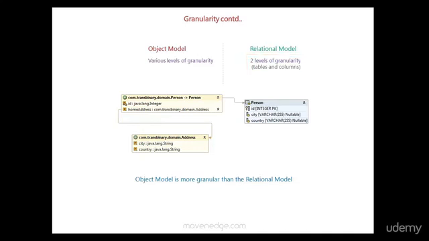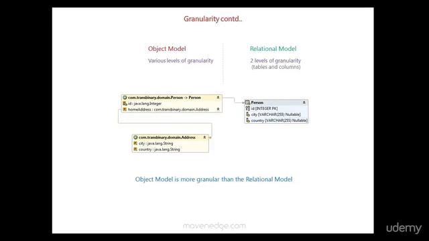So sometimes when you want the data of objects in Java stored in a relational database, the way you design tables in database to store that data will have more classes in the object model than the number of corresponding tables in the database. For example, here we have 2 classes, person and address, associated with each other, but we have only one table in the database to store data for them.